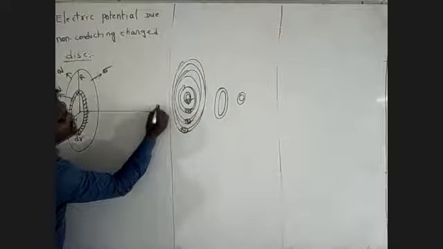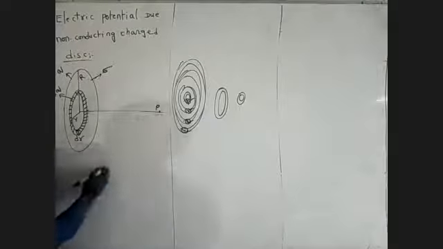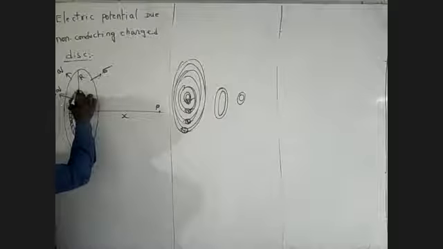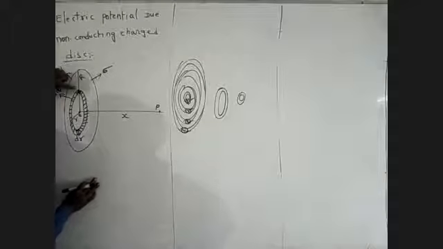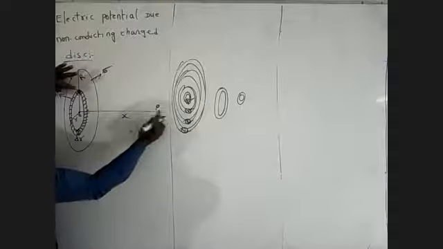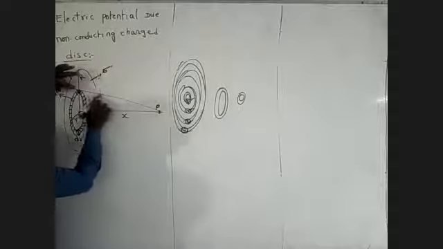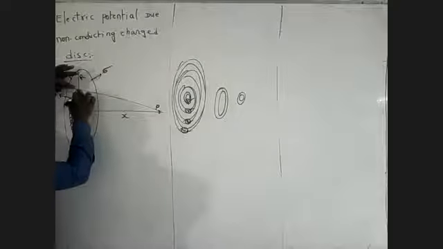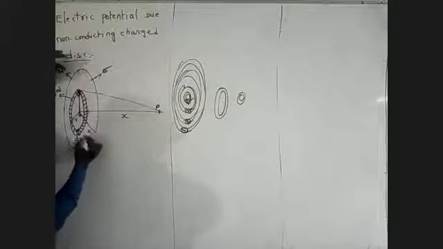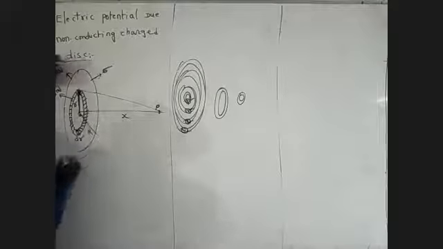This is point P, any point on the axis. From the origin to here, the distance is x. I'm taking this element at this point. At point P, we have to find the electric potential due to the charge. From here to here is the radius, small r.